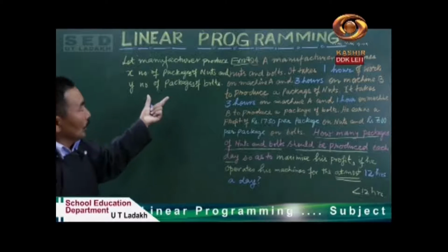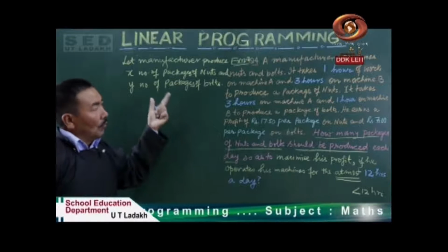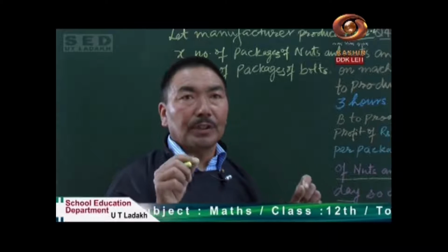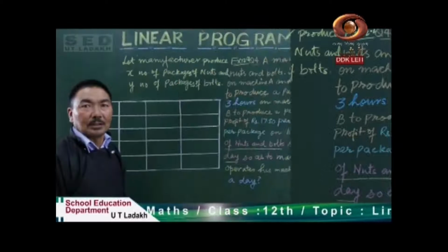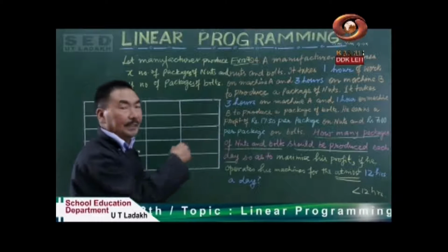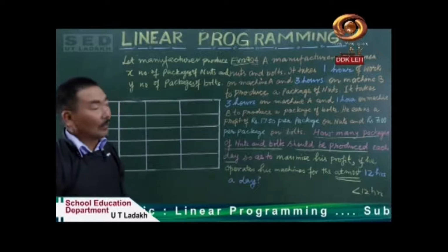This is our supposition. Now we have to formulate it. I would like to formulate it in a table so that you can understand it in a better way. So students, we formulate this statement form.